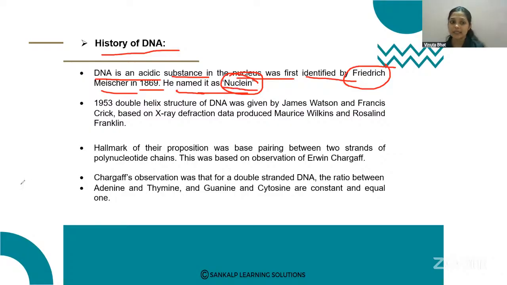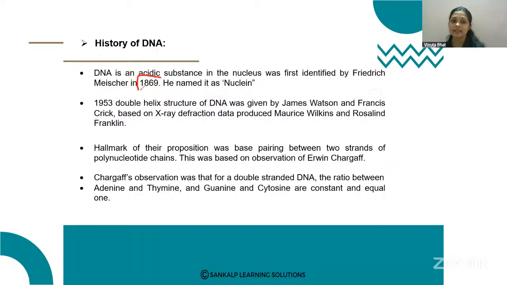In 1953, the double helix structure of DNA was given by James Watson and Francis Crick, based on the X-ray diffraction data produced by Maurice Wilkins and Rosalind Franklin.